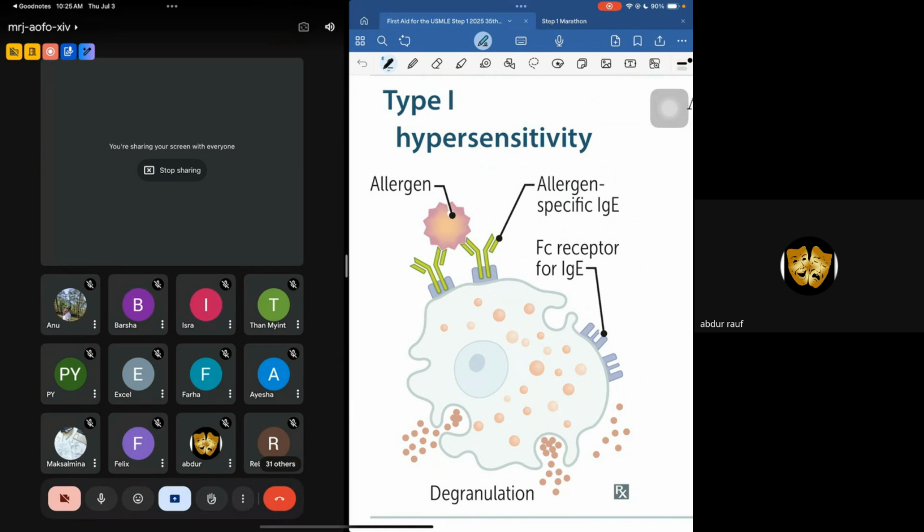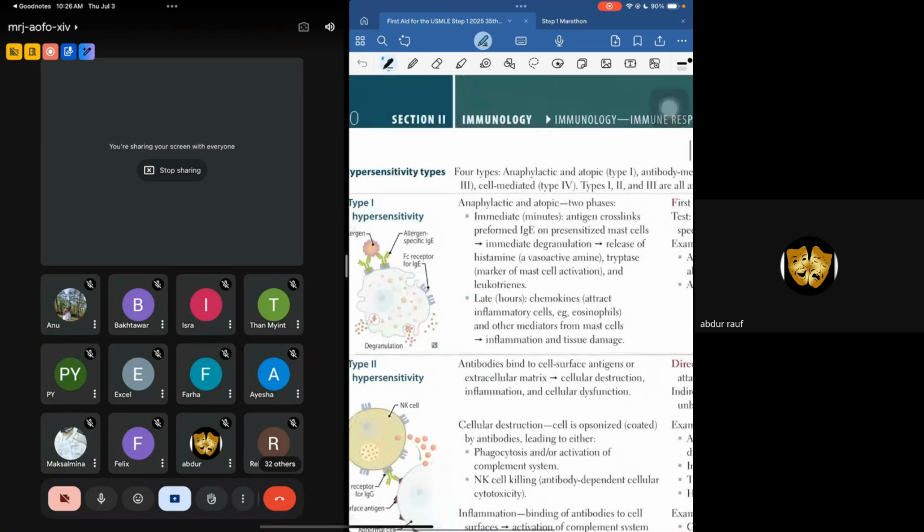The allergen is going to come here and bind to the specific IgE that is present. As soon as this reaction occurs, remember, IgE is just like a lock that binds to mast cells. So for example, think of the mast cell as you, and there is a person you really, really hate.